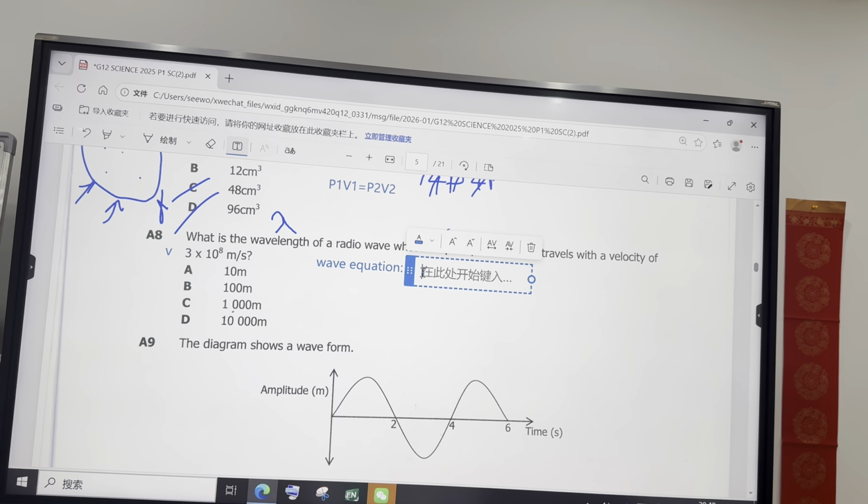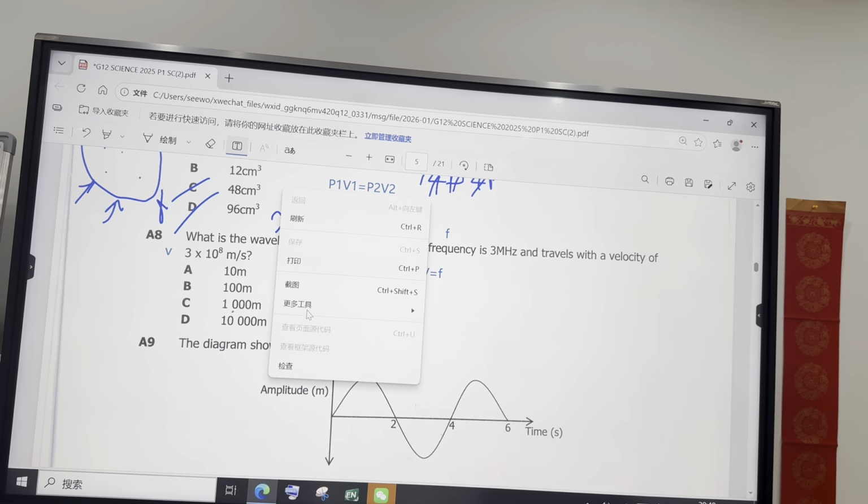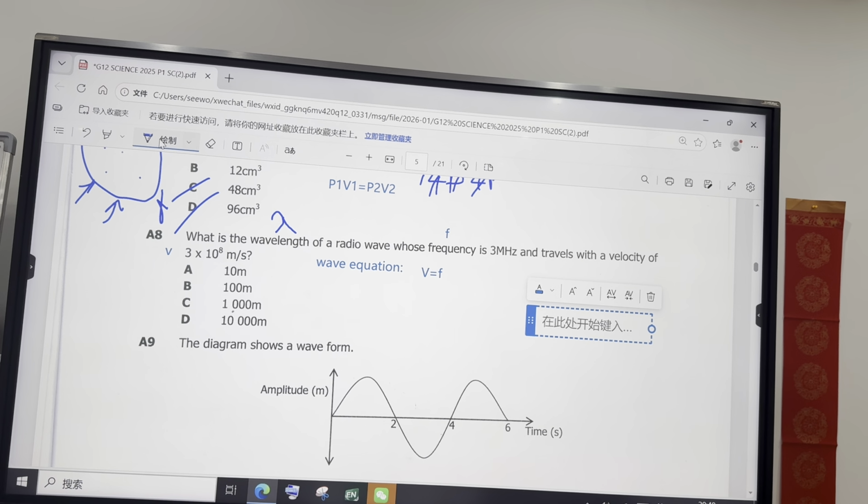So the speed of the wave v is equal to the frequency multiplied by the wavelength. Like that.